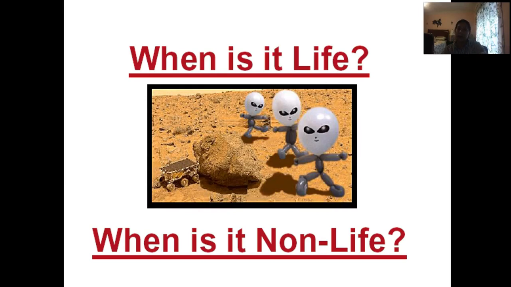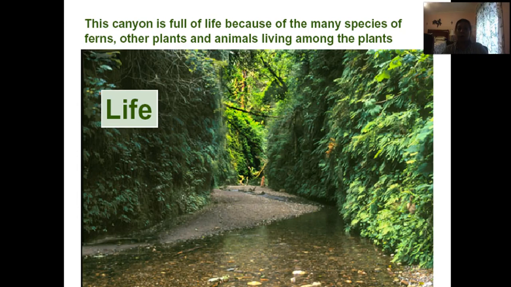So let's go ahead and start with understanding when is something living versus when is something a non-living thing. We will start off by looking at an image which is full of living as well as non-living things.